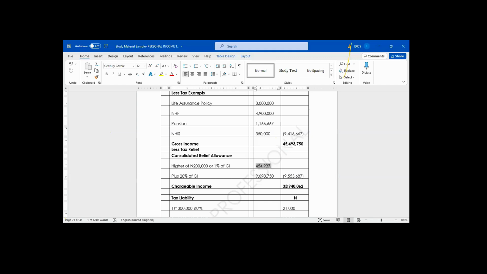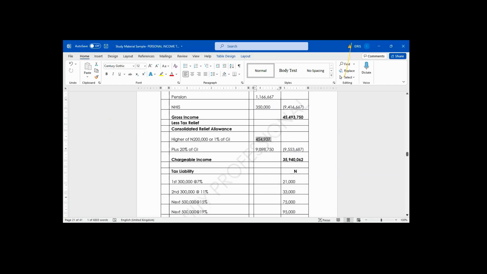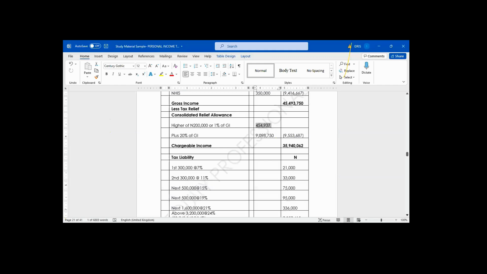Now, this is your chargeable income. You can now compute your tax. What is your personal income tax rate? First 300,000 at 7%. That will give you 21,000. Second 300,000 at 11% gives 33,000.